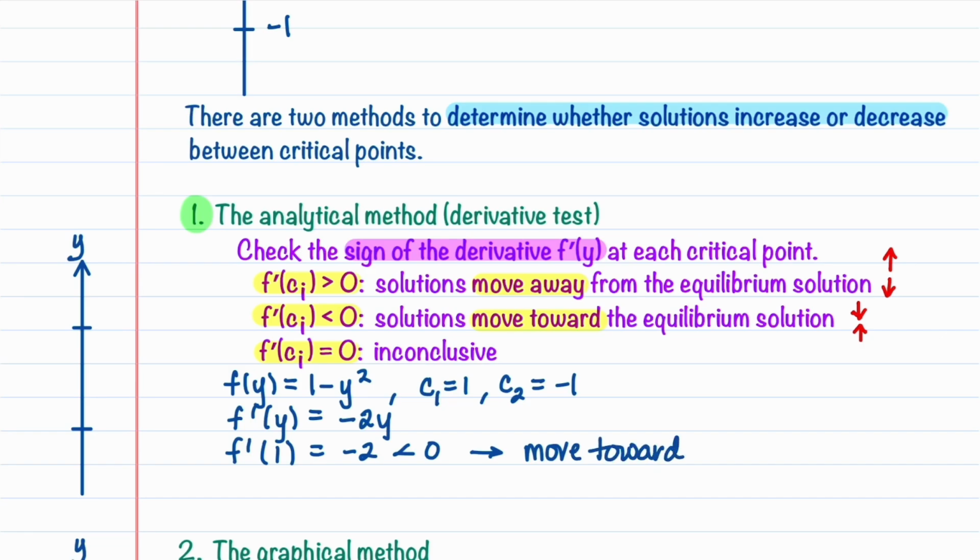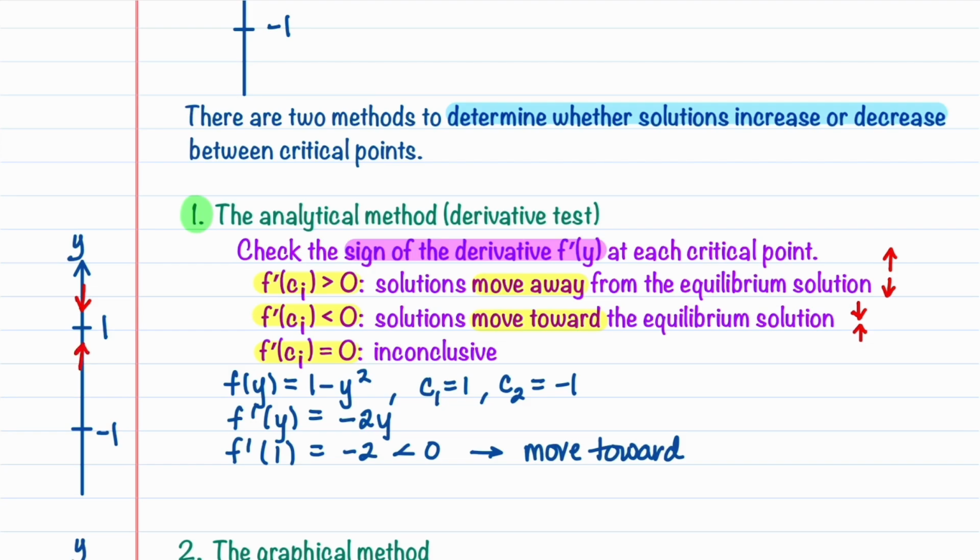Let's go over here to the left and put this on our phase portrait. Here's 1, here's negative 1. We just tested the point 1, and we found that our solutions are moving toward the equilibrium solution. So we're going to put an arrow like this and an arrow like that.